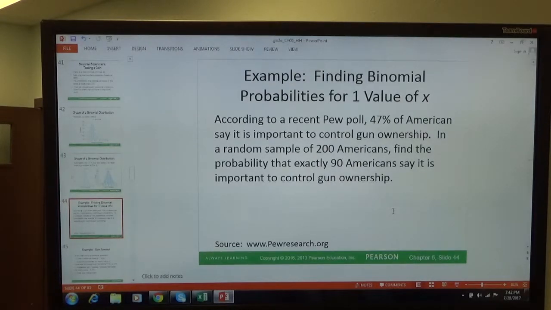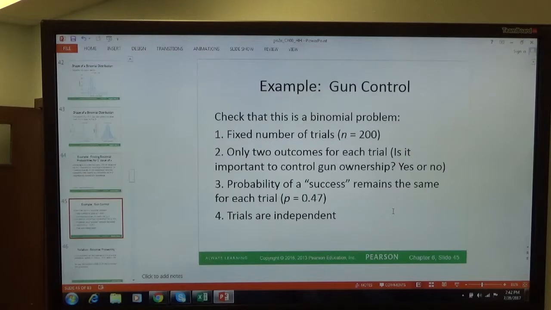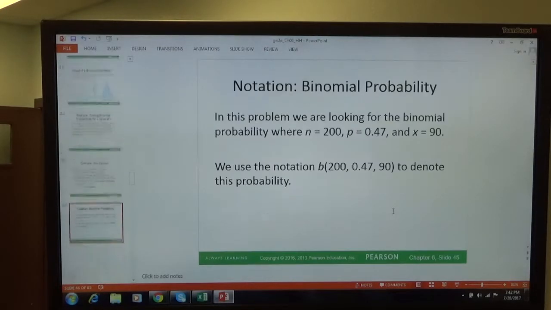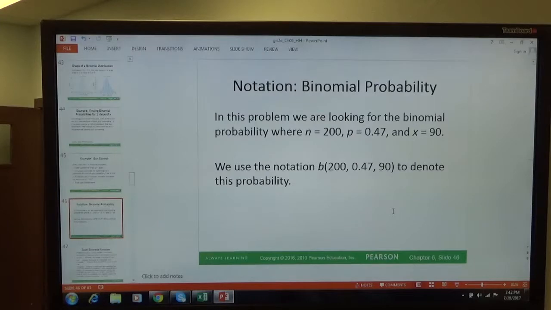And each person has a 47% chance to say yes. So n is 200, two outcomes, and the probability of success remains the same, 47%. Then we can use the binomial distribution.